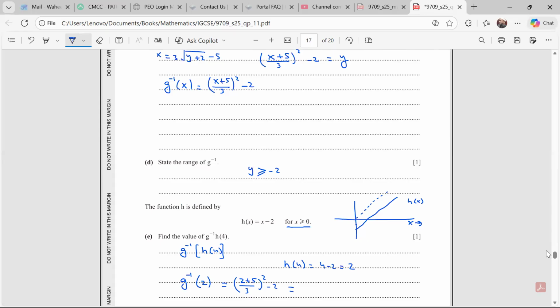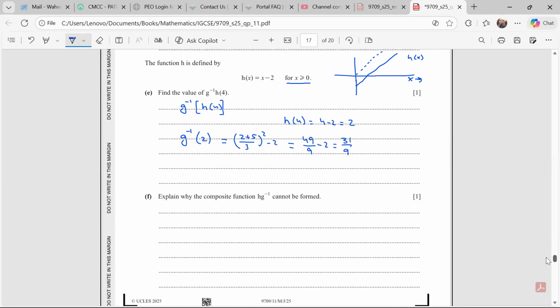So 5 plus 2 is 7. 7 squared is 49 over 9 minus 2. So this thing comes out to be 31 over 9. So this was part E.